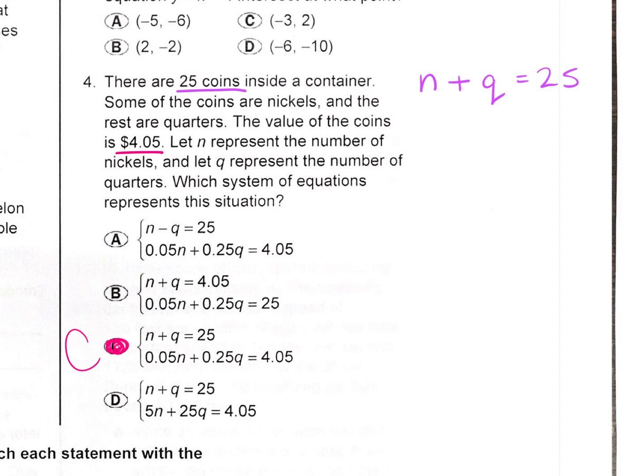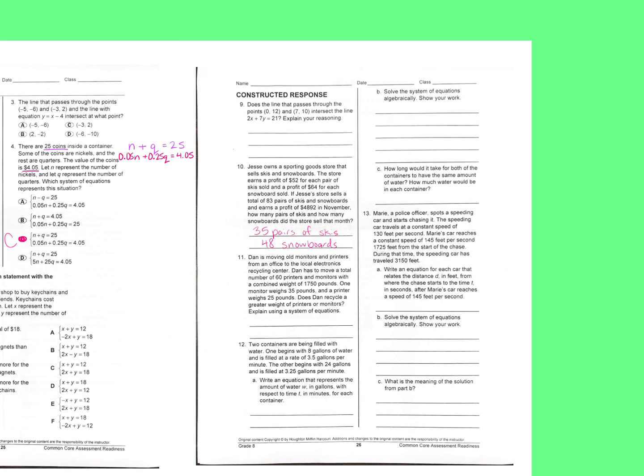It doesn't tell me here, but this is just a common sense fact that nickels are 5 cents, so 0.05N, plus quarters are 25 cents, so 0.25Q. So if I take the value of the nickels plus the value of the quarters, I get the value of all the coins, which is $4.05. This is answer choice C. Number 10.